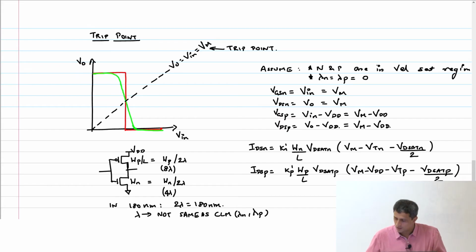Keep this in mind. In the tutorial you will see an example of this. So now what do I do? I have to go back to my old condition, IDSN is equal to minus IDSP. Therefore IDSN equals minus IDSP.